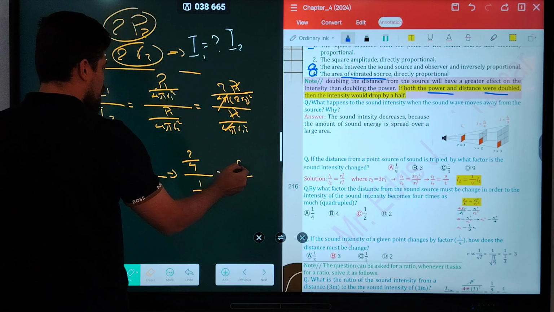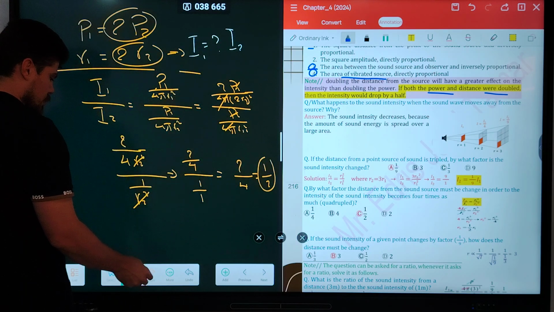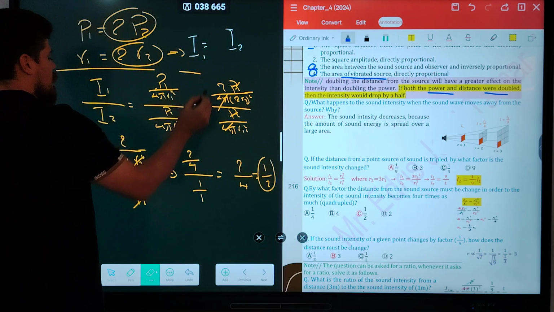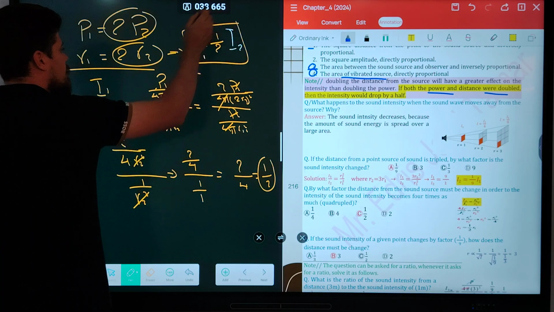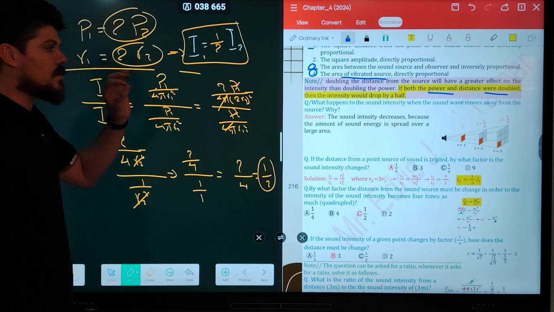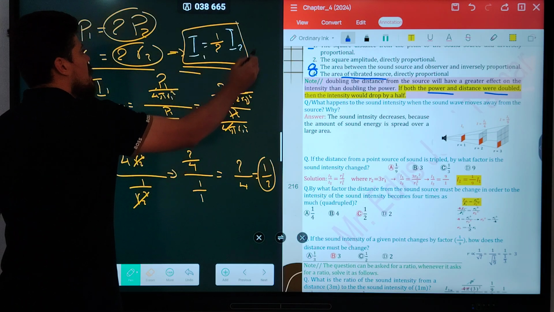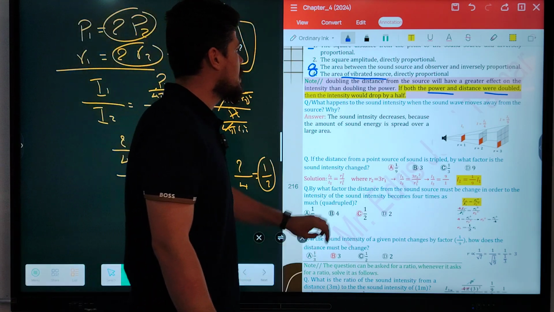Okay, so it becomes 2 over 4, or becomes half. So I1 is going to be half of I2. Okay, so we doubled both power and distance, but because the distance from the source is more effective because of this square, the intensity of the first becomes half of the intensity of the second.